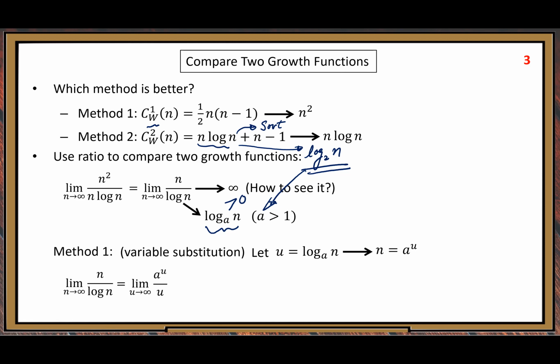Here a to the u is an exponential function with base a greater than 1. An exponential function dominates any polynomial, so that should be infinity.